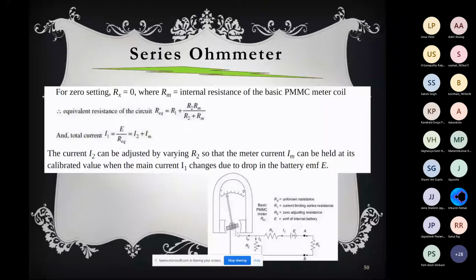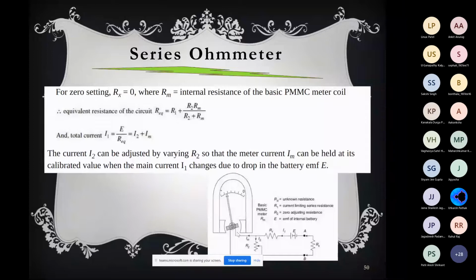you can adjust by varying R2, the current Im, so that the meter current Im can be held calibrated when the main current I1 changes due to drop in the battery. That's what I mean to say. So when the battery drops or drains, the current I1 will be changing.